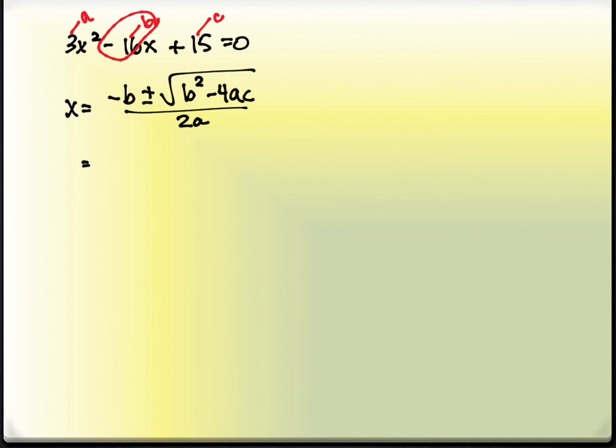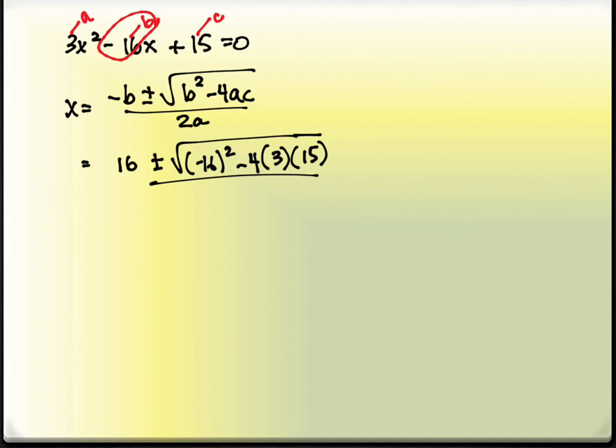So at the beginning, if I have negative b and b is negative 16, I'm going to have a positive 16. And then I have negative 16 squared minus 4 times a is 3 and c is 15, all over 2 times 3.